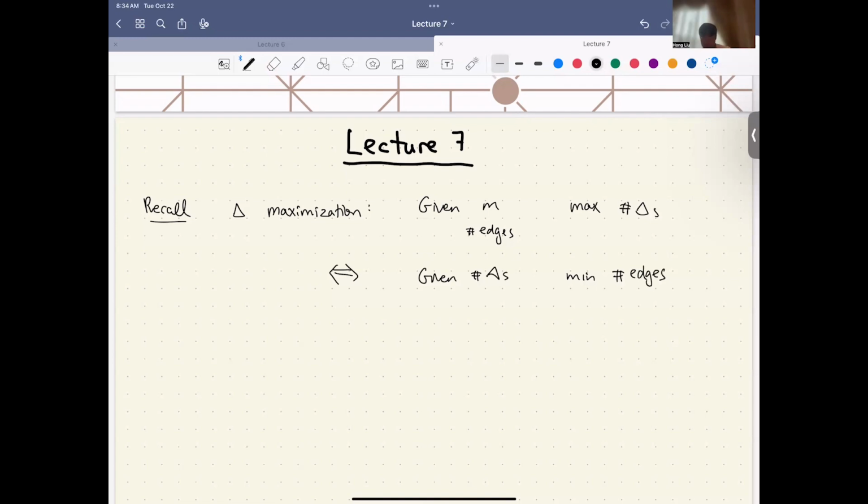You just, for example, take the contrapositive of these bounds.